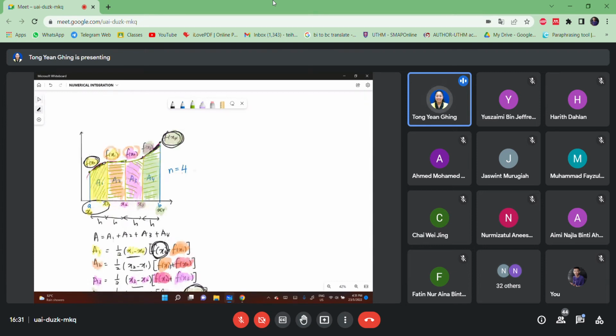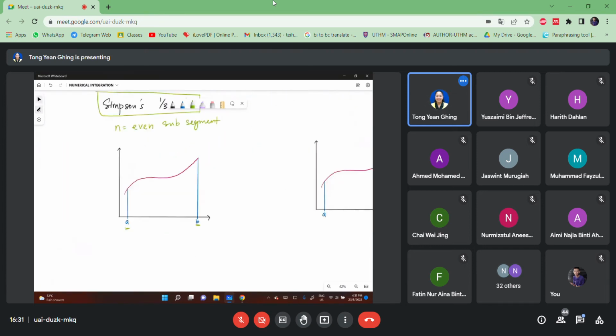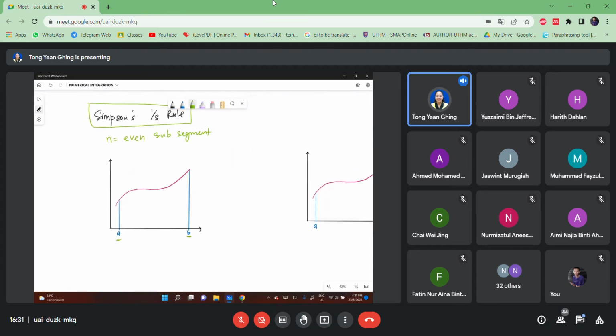So this one, 4, we can use Simpson's one-third. N can be 2, 4, 6, 8, and so on, that means a multiple of 2.